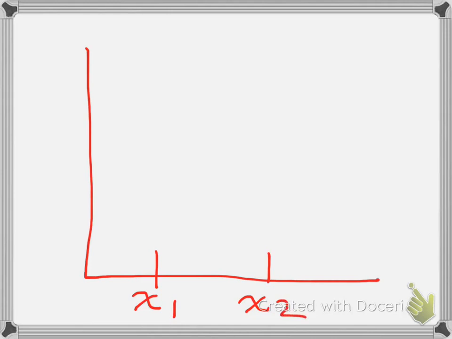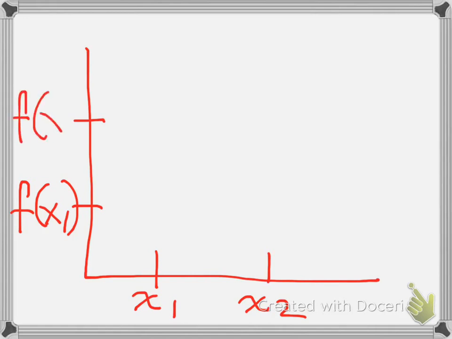Since we know that f of x1 is the y value for x equals x1, we know that the point x1, f of x1 should be lower than the y value f of x2. Therefore, if we were to draw these points, we would see that the graph is in fact rising from left to right.